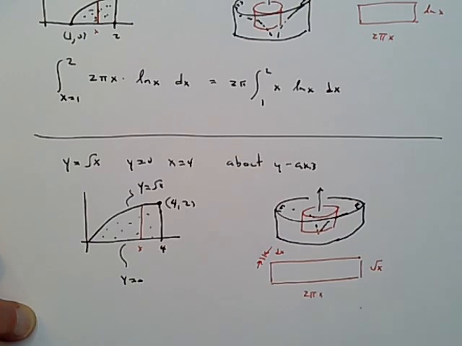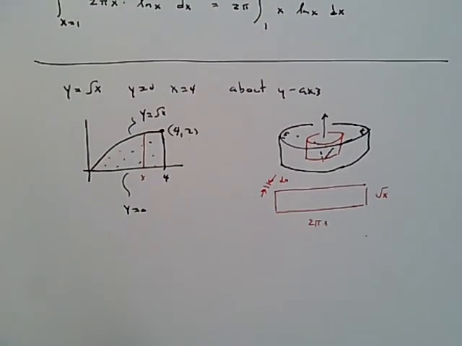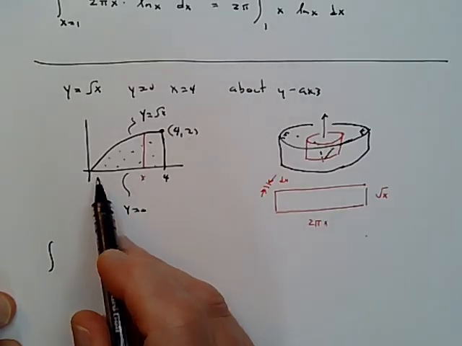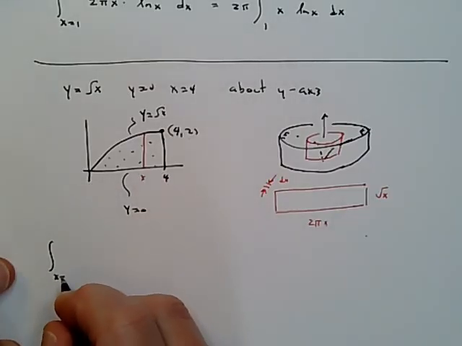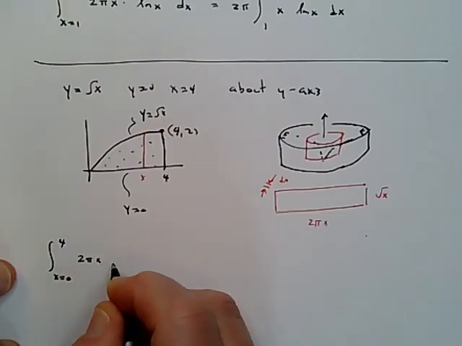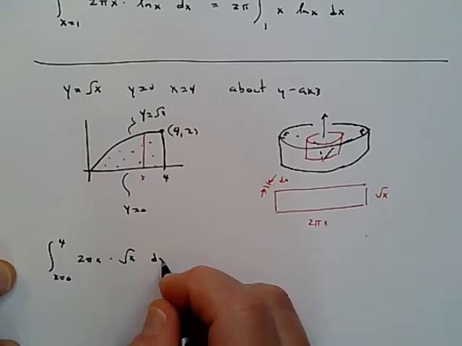Okay, so setting up the integral, I get the smallest x to the largest x, so x equals 0 to 4. 2 pi x times square root of x times dx.